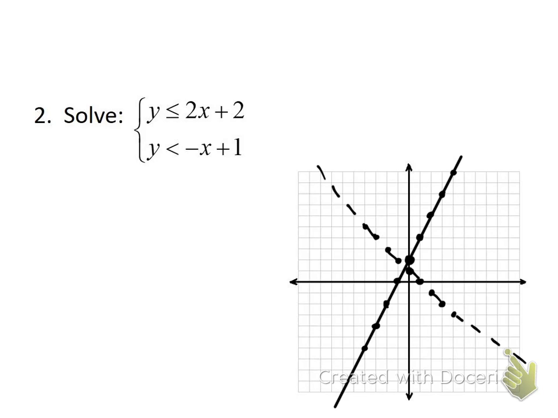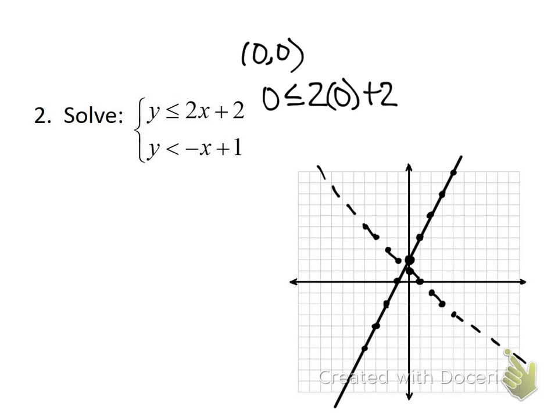Okay, so let's go back to the top one. We need to pick a test point for this solid line that we made first. What do you want your test point to be? 0, comma, 0. Okay. So if we test 0, 0, what am I plugging in for y? 0 is less than or equal to 2 times 0 plus 2.